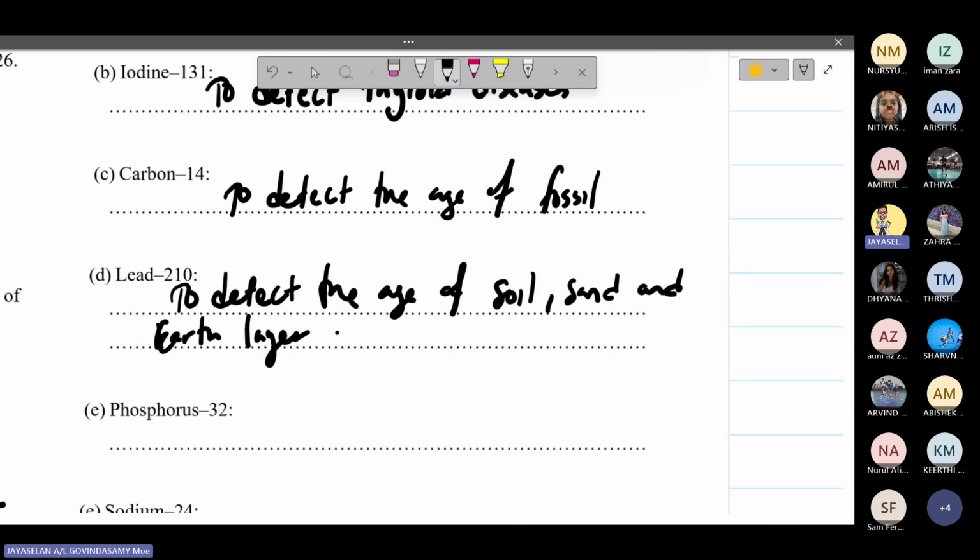Earth layer, you must put up to 80 years old. Okay, this is the function of lead 210. This has not come out in exam yet, so you all put here BKE SPM, belum keluar exam. To detect the age of soil, sand, and earth layer up to 80 years old.